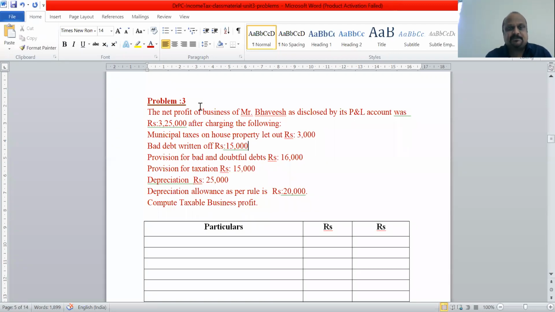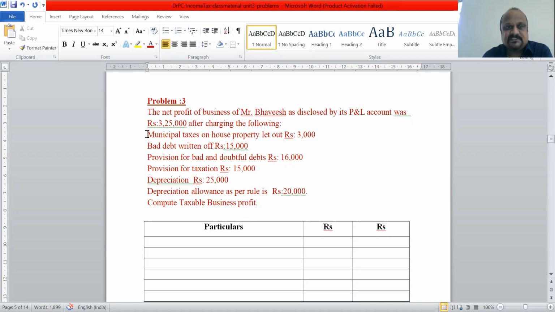When it comes to these kind of problems, what is given here is the net profit of business of Mr. One person, a trader or a businessman, as disclosed by his P&L account, was rupees 3,25,000 after charging the following. So he has stated that his profit is 3,25,000, and he has mentioned these are the charges that he has used.